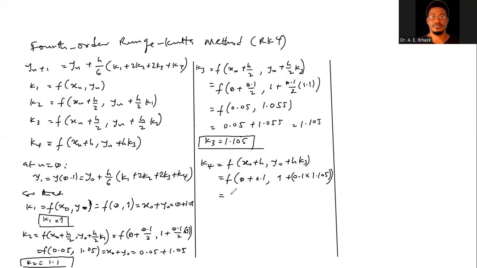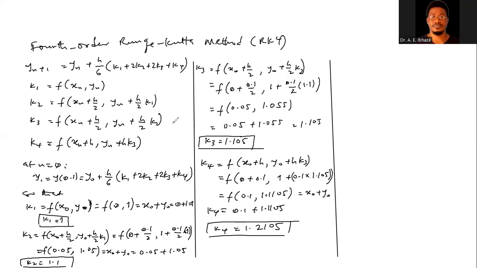So this is going to give us f of (0.1, 1.1105). And once we apply this to our derivative function, which is given as s0 plus y0, so this will be 0.1 plus 1.1105 as k4, and k4 will be the same as 1.2105.